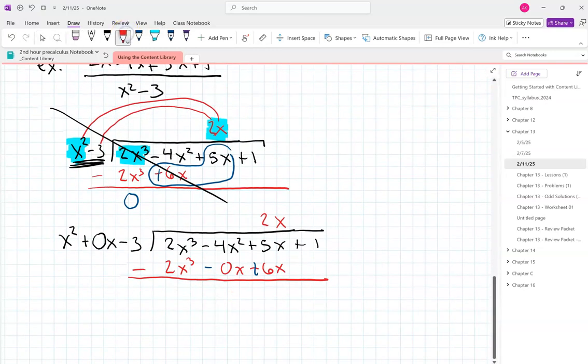And now when I add down, I get 0, I get negative 4x squared, I get 11x, and then I get 1 to come down. Now everything lines up nice, right?